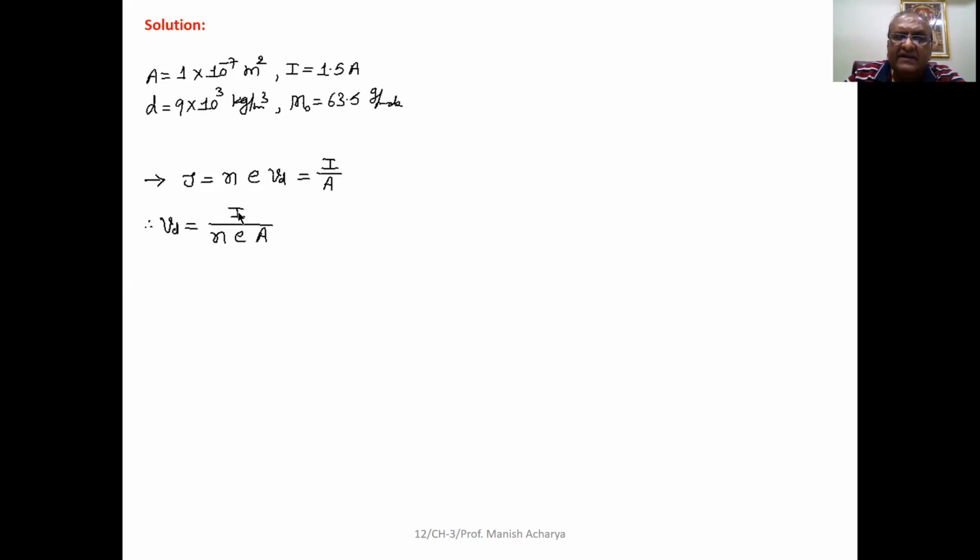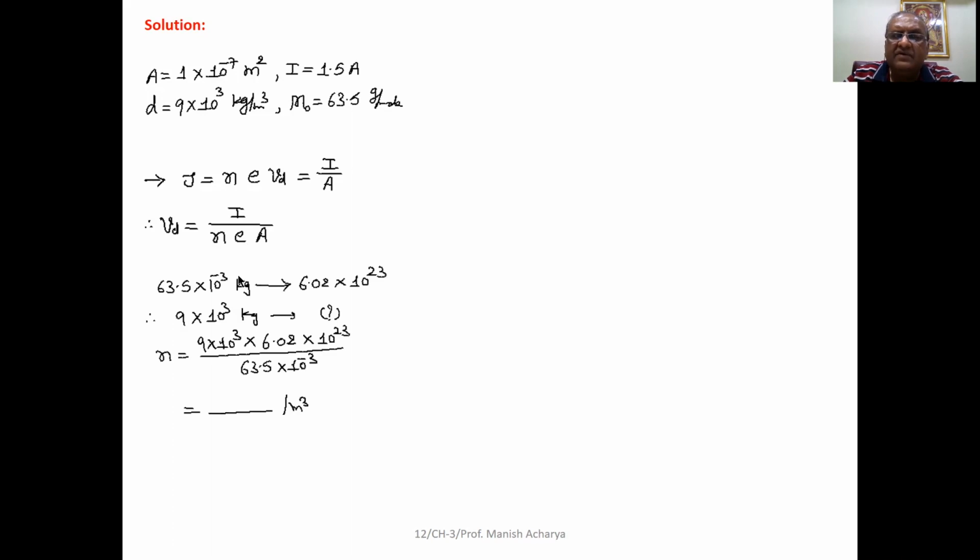So vd is I upon nea. I is given to you, A is given to you, e is always given. But here the number density of the electrons is not given to you, so that we have to calculate.